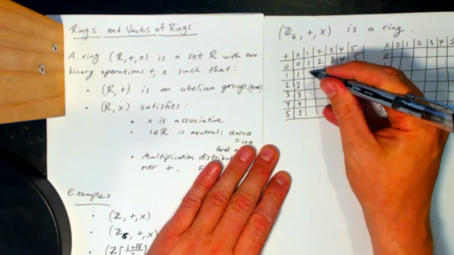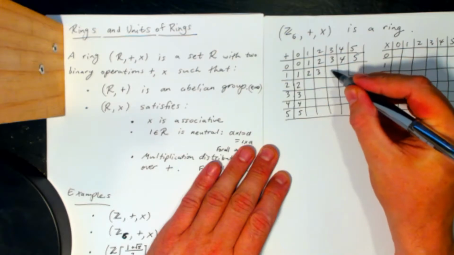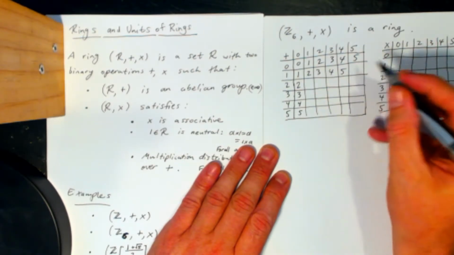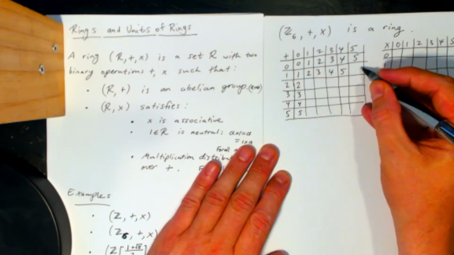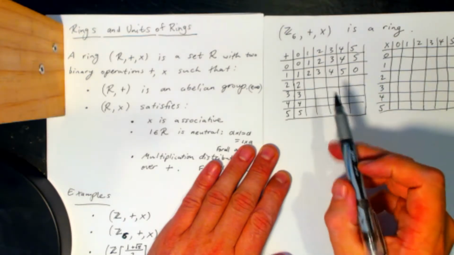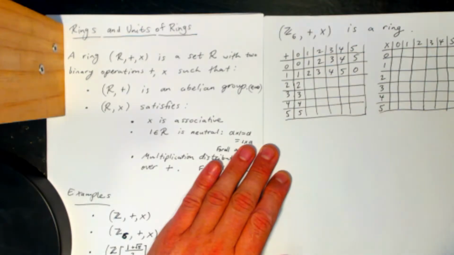Okay, 1 plus 1 is 2. 1 plus 2 is 3. 1 plus 3 is 4. 1 plus 4 is 5. 1 plus 5 is 6, but when we reduce modulo 6, we get 0. Is that right? 1 plus 5, 6 gives 0, yeah.